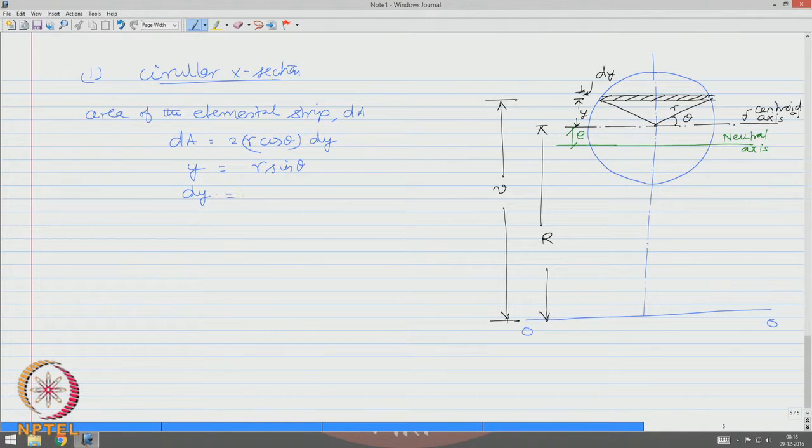Therefore, dy is r cos theta d theta. Hence, dA will be now 2 r cos theta dy, which makes it 2 r square cos square theta d theta.